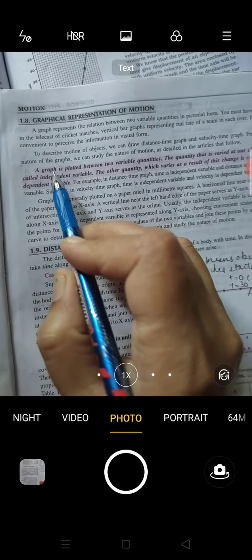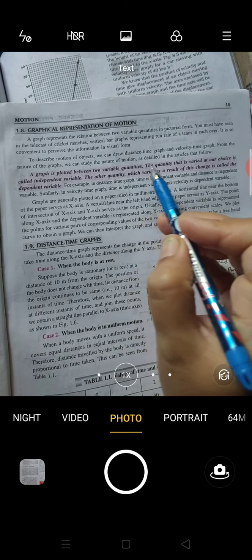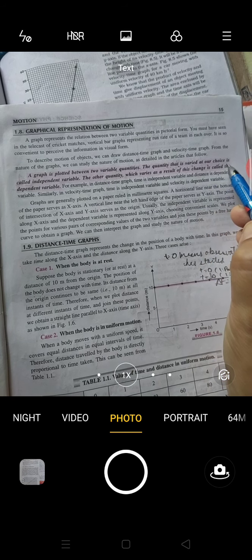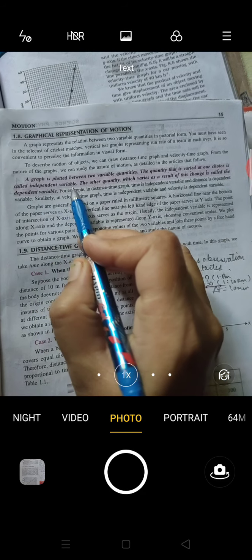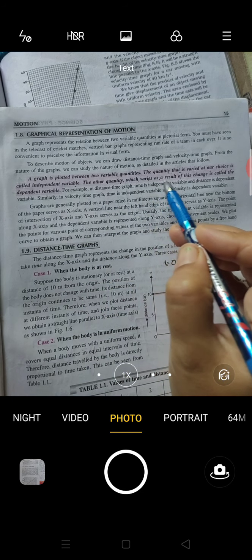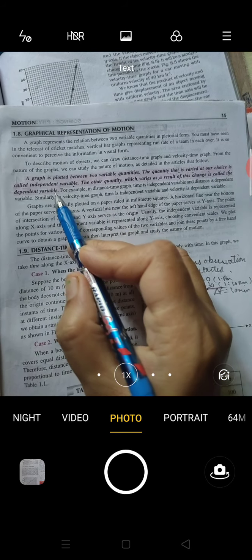देखिए, a graph is plotted between two variable quantities. The quantity that is varied at our choice is called independent variable, and the other quantity which varies as a result of this change is called the dependent variable.